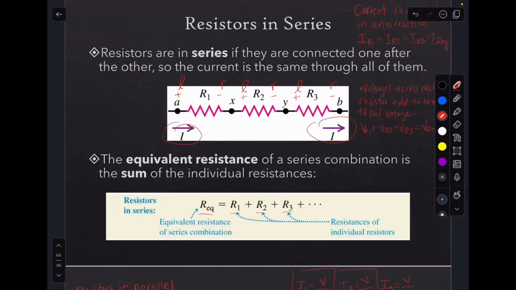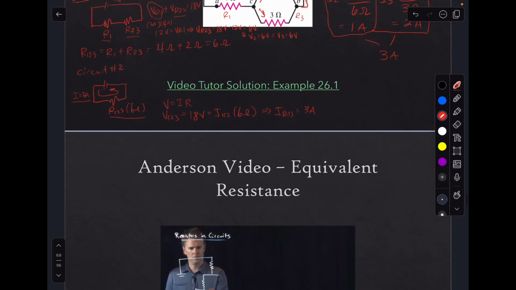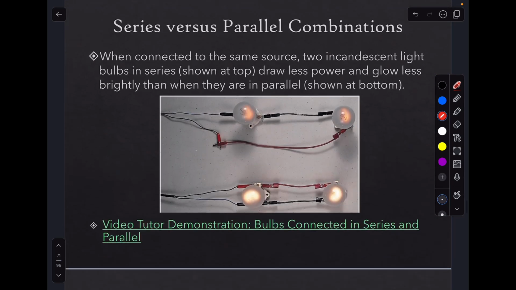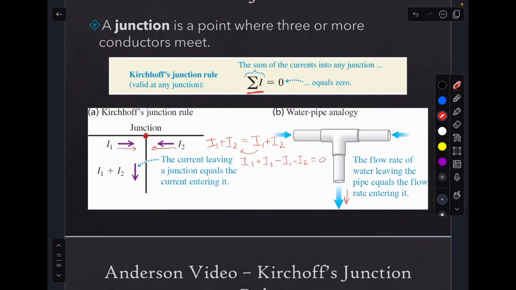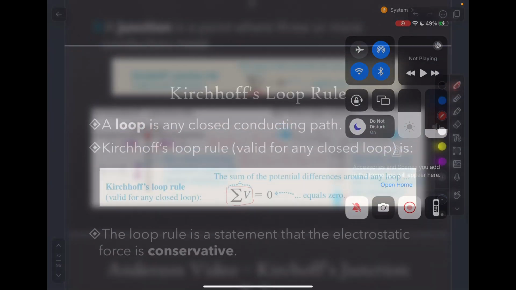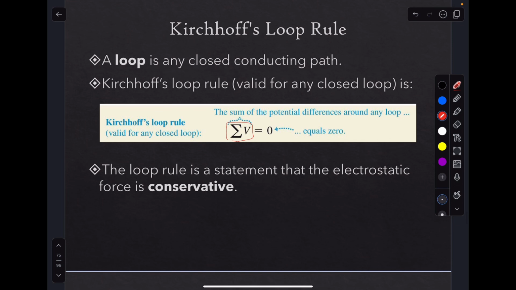So the loop rule is a good rule to apply. Applying the loop rule is basically a statement that the electrostatic force is conservative, meaning there is no energy gained or lost, or no potential gained or lost in a circuit.